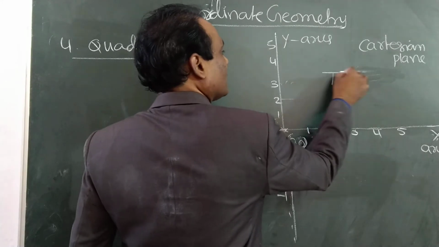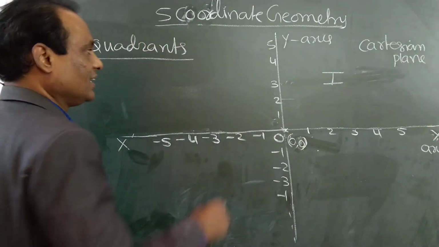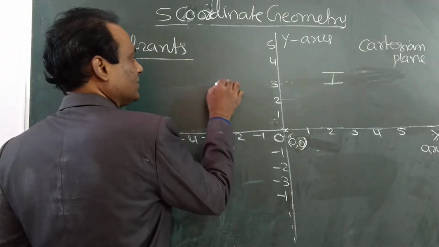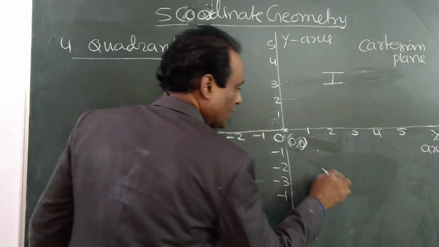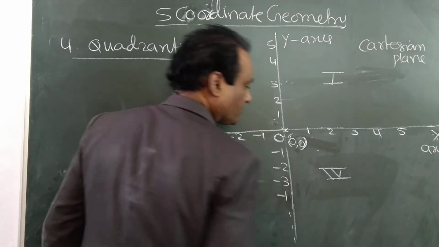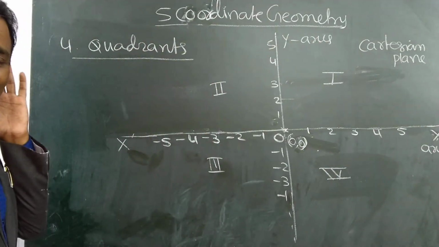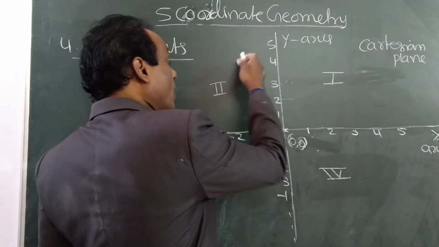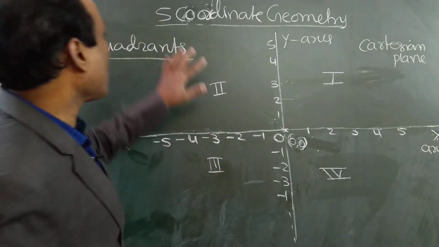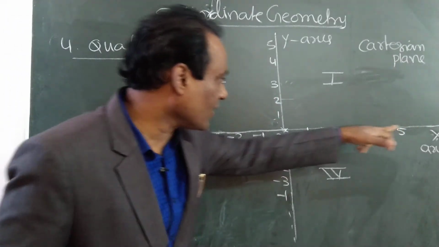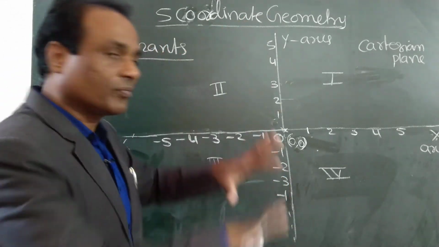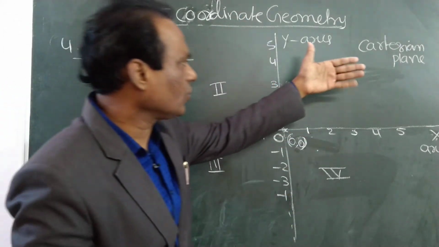This is the first part. This is the second part. This is the third part. This is the fourth part. These four parts are called quadrants. In a Cartesian plane, if I draw the x-axis and y-axis, that total plane is divided into four parts.